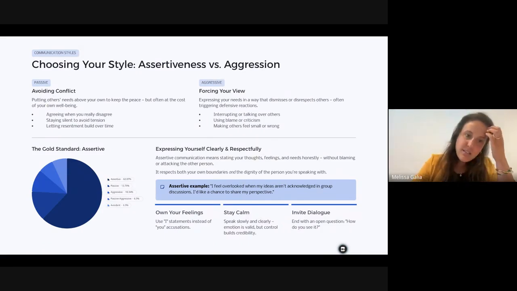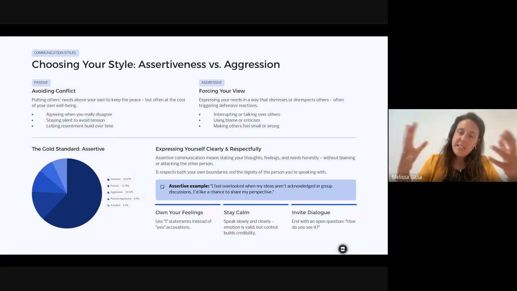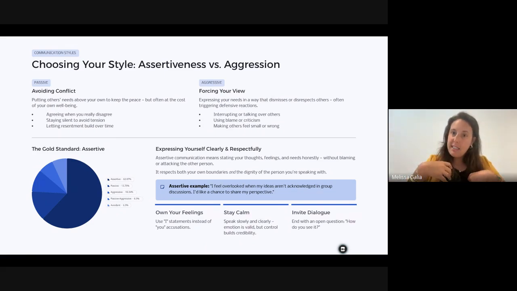So what does assertive mean? It means that I am listening to the other person, so active listening. I am really respecting what is coming from the other side, but sometimes we have to put boundaries. You know what boundaries are? Boundaries are limits.